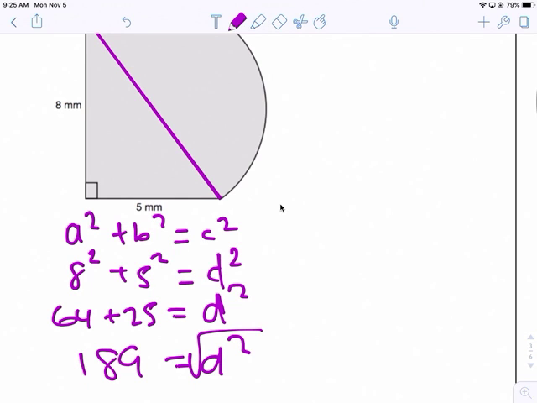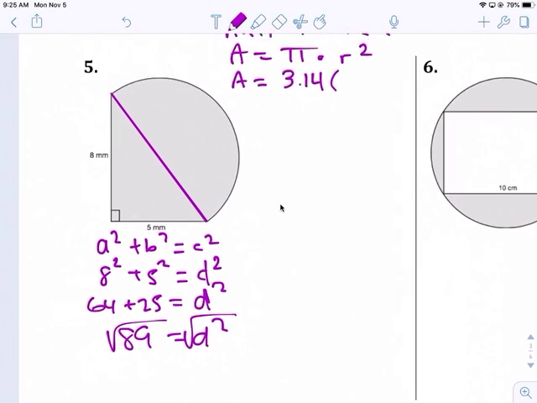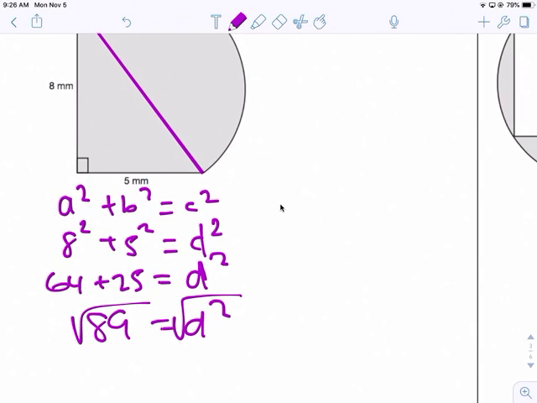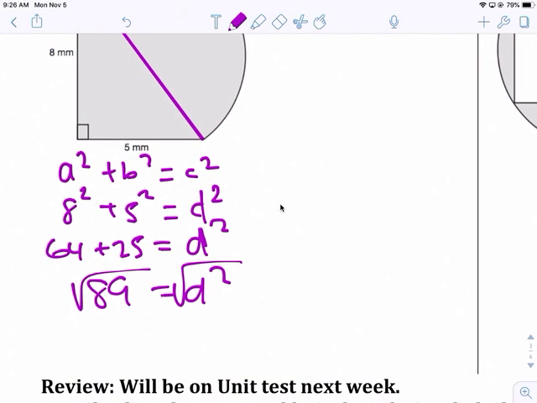Take the square root. 9 point something, right? 81 is 9, 100 is 10, okay, the square root of 89 is 9.4. Round it to the nearest tenth, guys. Radius then, 9.4 divided by 2 is 4.7. Radius is 4.7.